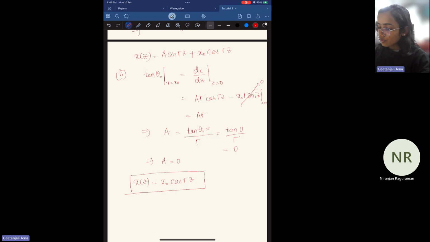So in a fiber, when you incident a light at the axial point, the ray path equation is like A sin gamma z. But when you incident a parallel light at a non-axial point, then the ray equation is x0, or some constant, times cos gamma z.